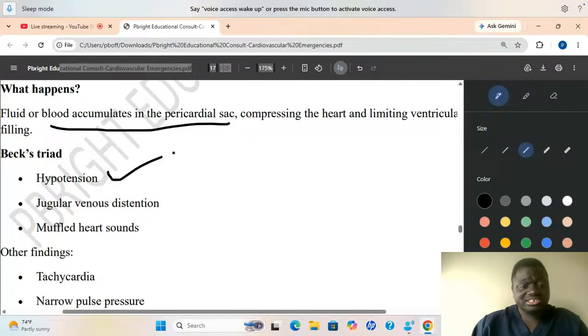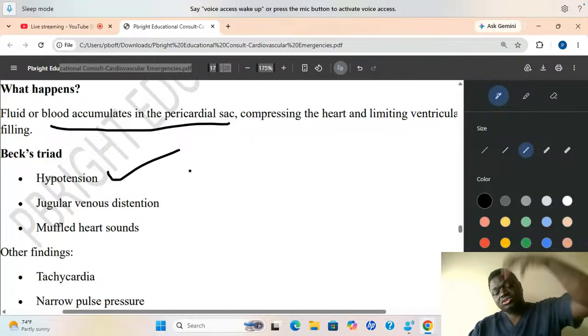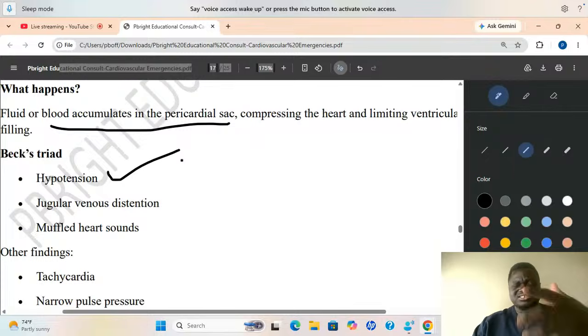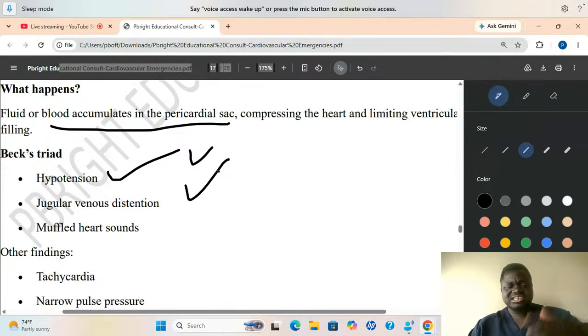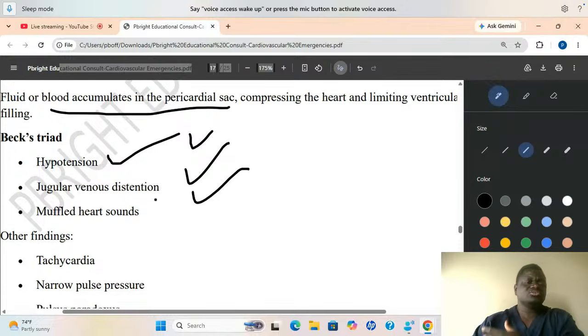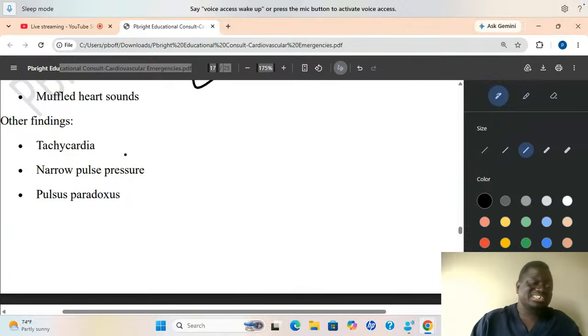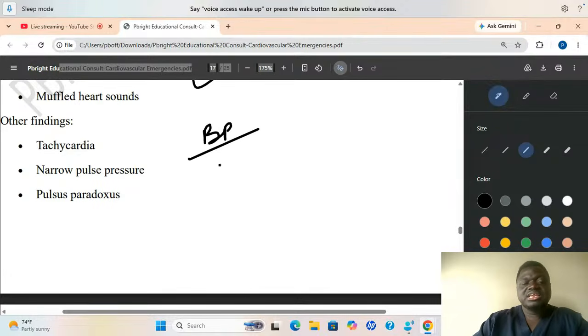So hypotension as a result of low cardiac output, and reduced pulse, jugular vein distension, and muffled sounds. You can also see tachycardia and narrow pulse pressure. If you check your blood pressure, the systolic, then the diastolic, then you do systolic minus diastolic.